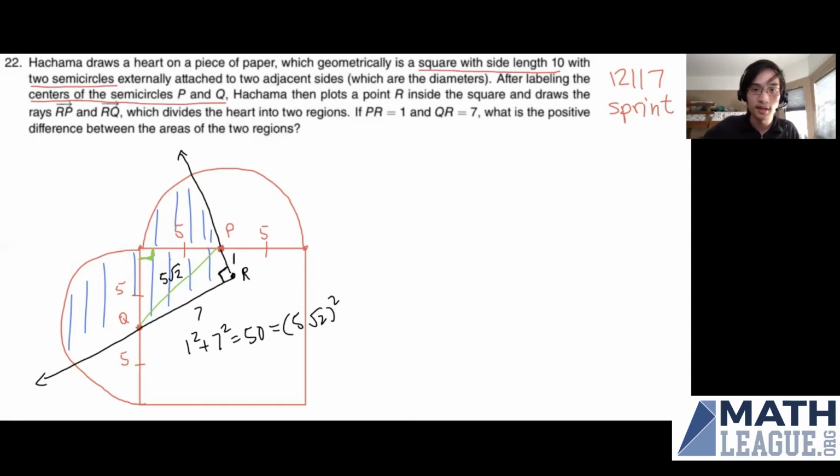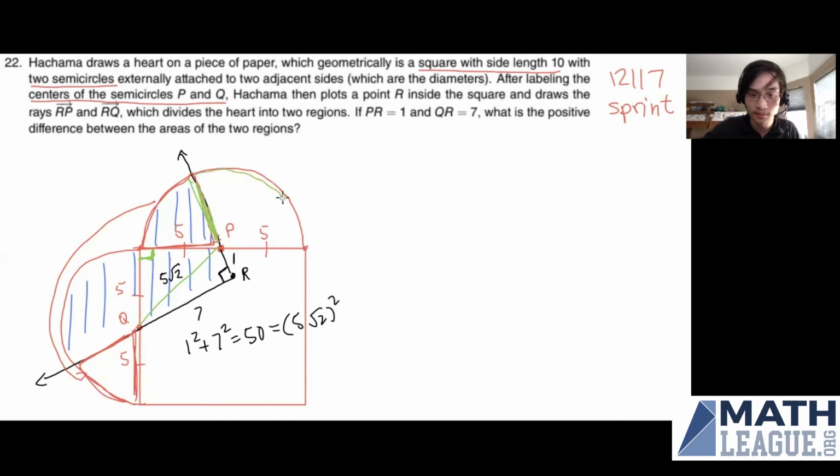Now, since this is a right angle, we can note that if we rotate this sector 90 degrees about the center of the square, this rotates all the way to here. So these two regions are equal, and we can do the same thing with this region here.